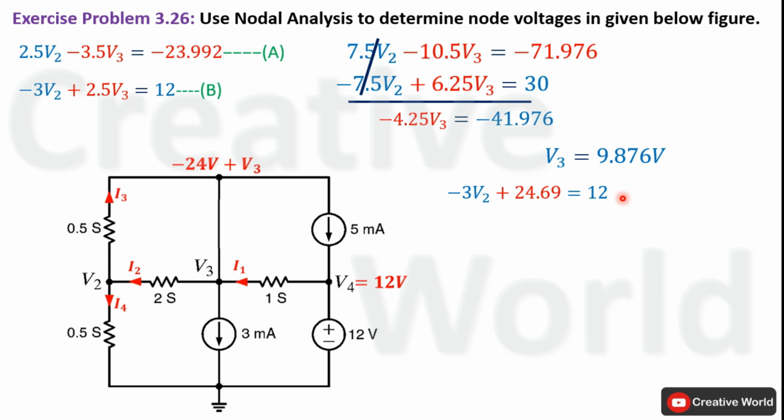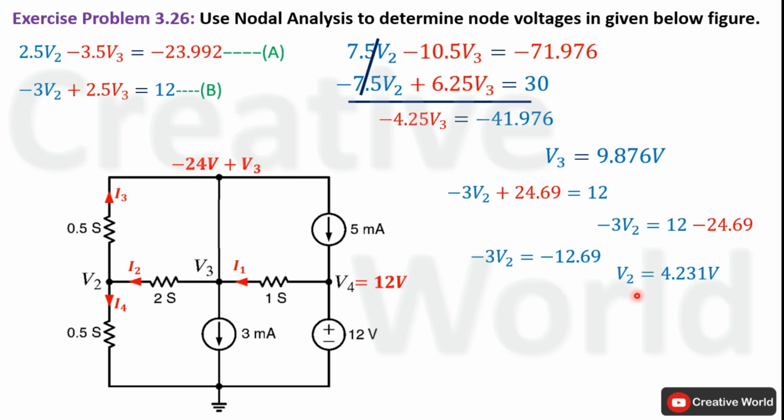Place this value on the other side of the equal sign. The equation will become minus 3V2 equal to 12 minus 24.69. Subtract 24.69 from 12, it will become minus 12.69. Now divide on both sides by minus 3 to calculate the value of voltage V2, that will become 4.231 volt.